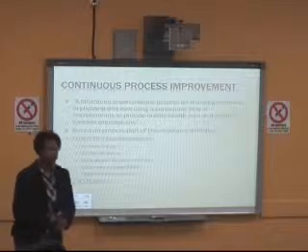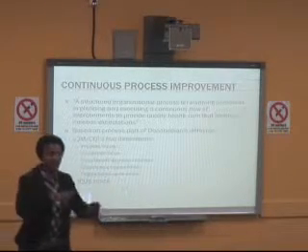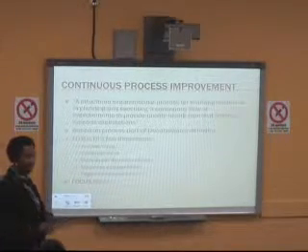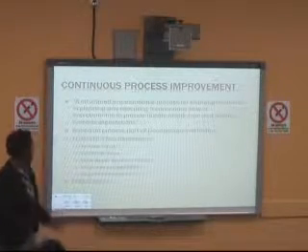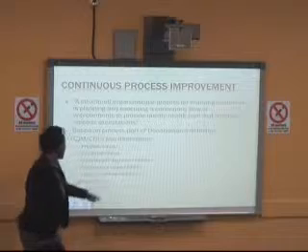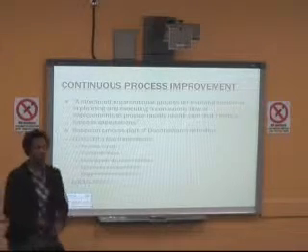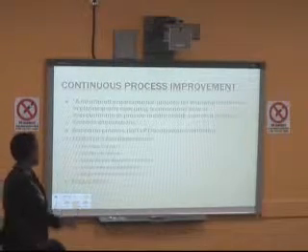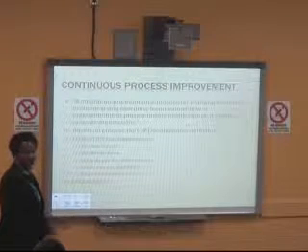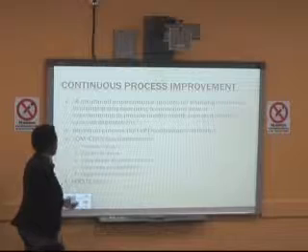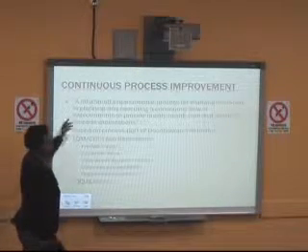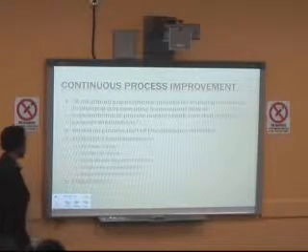You can walk in some hospitals and you'll see they have signs about quality and patient care, and then you'll walk into other places and it's nowhere to be seen. Those are types of organizations that have that organization-wide scope. They've shown everybody that quality is important to their organization, that they have their mindset on providing high-quality care. And so those are typically the type of organizations that are doing this continuous process improvement.